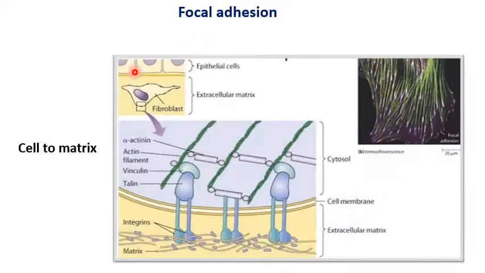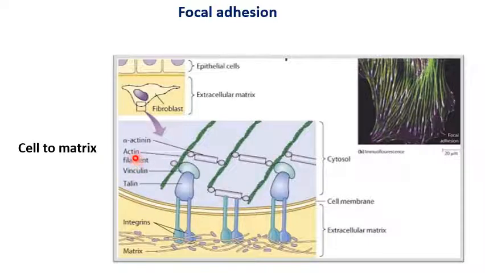Now let's see what is focal adhesion. Focal adhesion means joining of cell to matrix. This is the pictorial representation of focal adhesion. In the focal adhesion, you can see that there are different types of proteins involved for the cell-to-matrix interaction. This is the cell and this is the matrix region where they are attached with each other with different kinds of proteins.